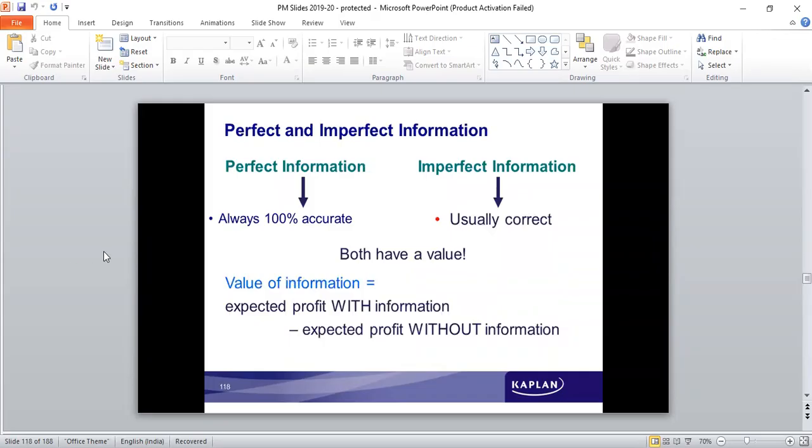The value of information is expected profit with information minus expected profit without information. So let's work out question 139 in connection to value of information.